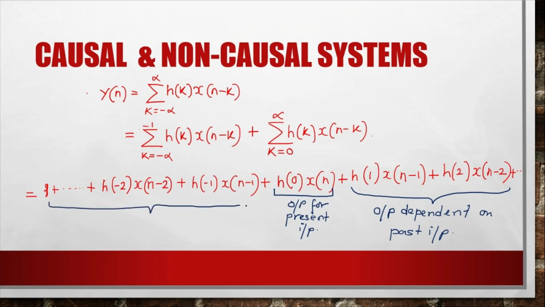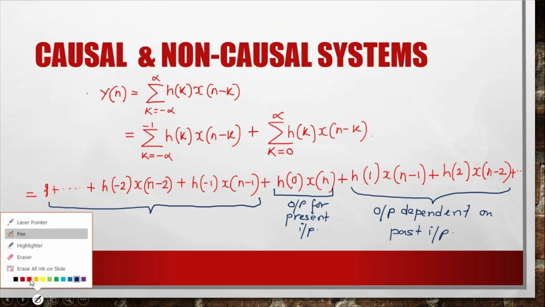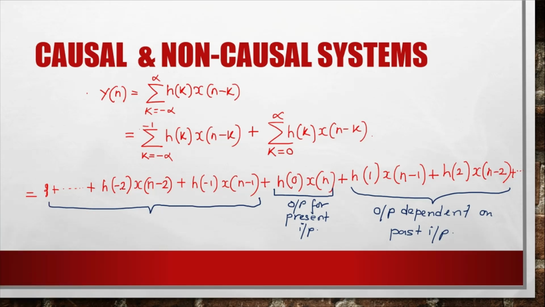Similarly, if we take the other part, sorry, I have done it wrong. As h is at minus 1, it will be x of n minus of minus 1, that means it will be plus.